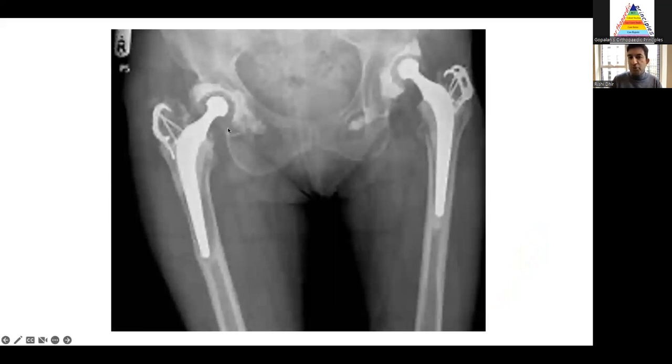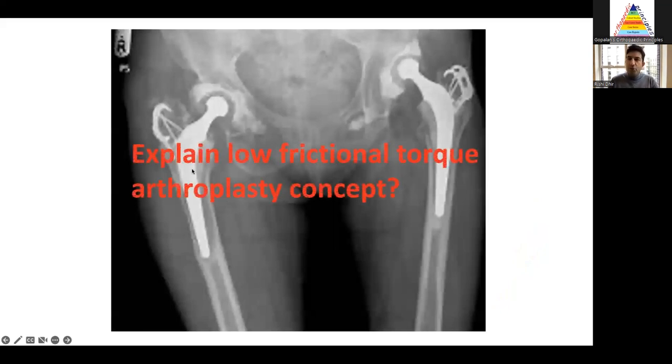The third way that they could ask you about free body diagrams is they could show you here what's called a Charnley hip composite beam and say, explain what we mean by a low frictional torque arthroplasty. Okay, and that was what Charnley called his hip, a low frictional torque arthroplasty. So what happens here, guys, is remember, friction is equivalent to joint reaction force, and we want our hip to last as long as possible. So we want to bring down the friction or bring down the joint reaction force.